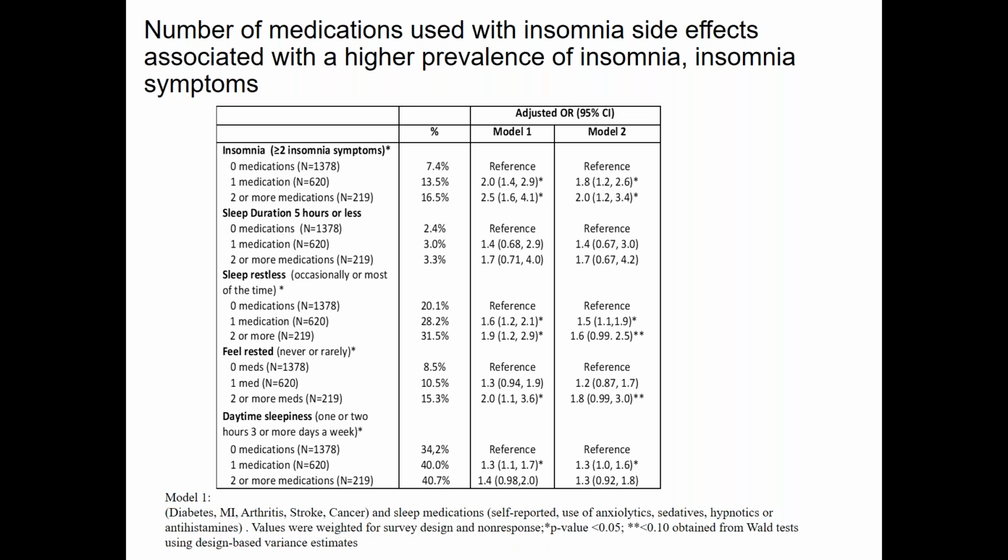There's a lot of work on that, and depression. We did some work on depression, not using NSHAP, but using NHANES, but NSHAP could also be used to look at that. And these findings persist in adjusted analysis.